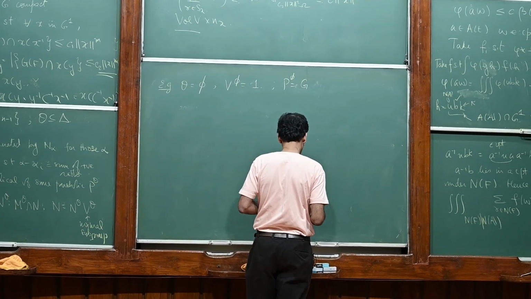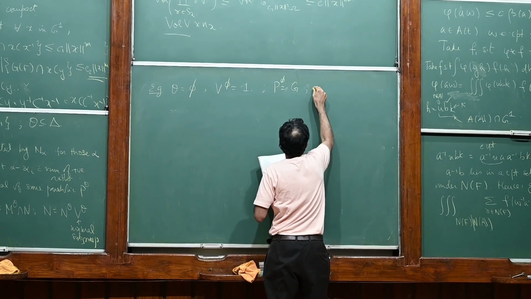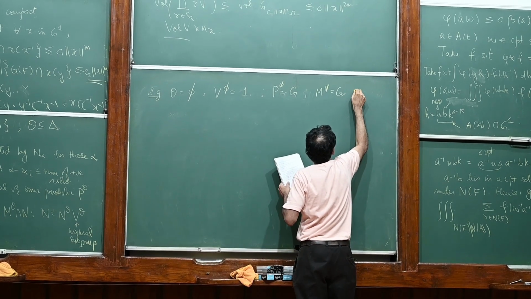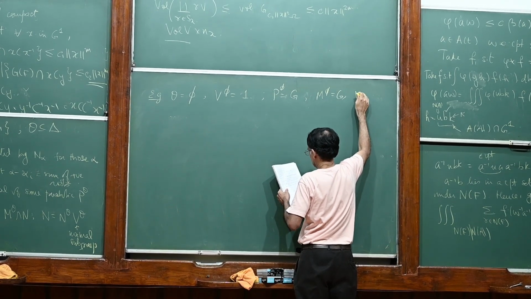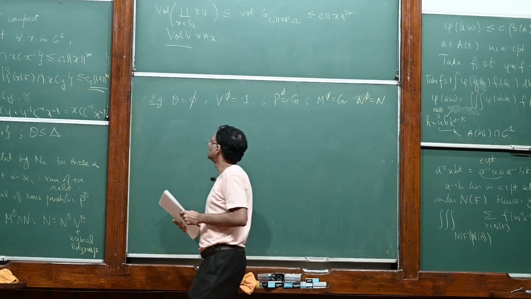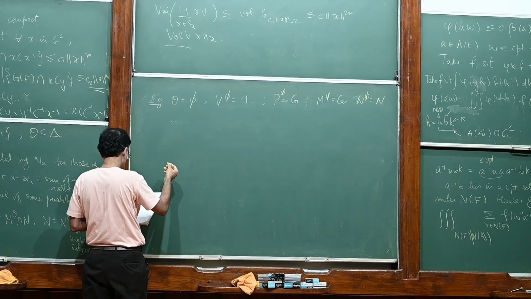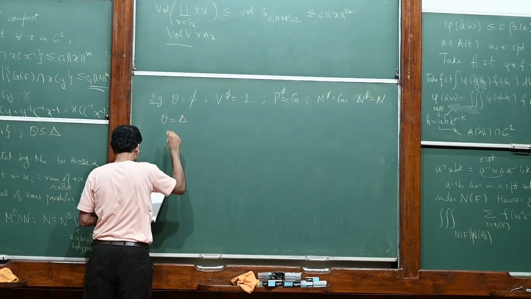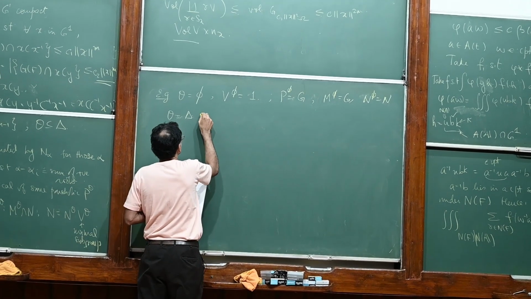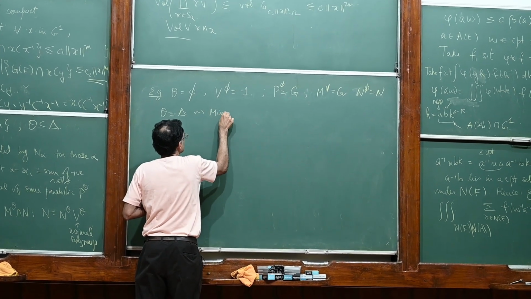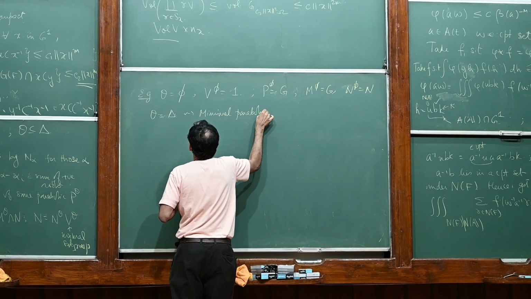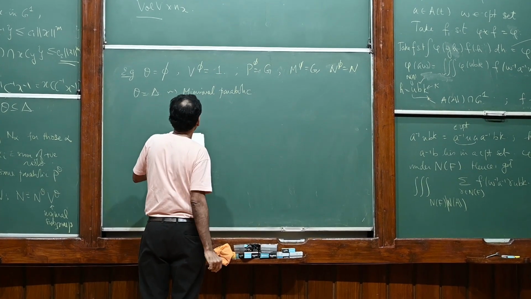In that case, M theta will be G, and N theta, being G intersection N, is going to be N. Nothing new. The other case one would take obviously is when theta equals all of delta, in which case you get the minimal parabolic. If you take the standard choice, you just get the Borel.